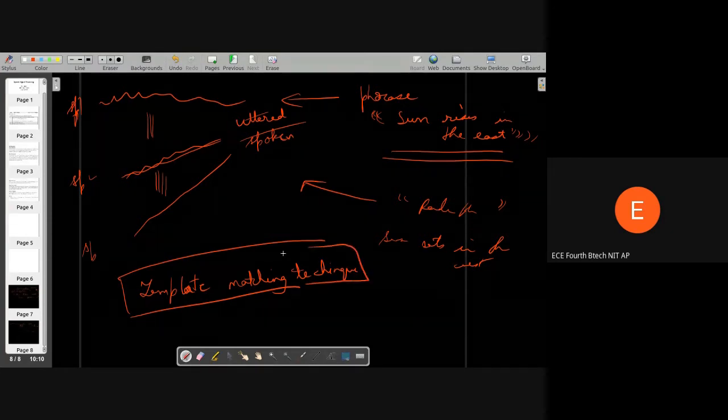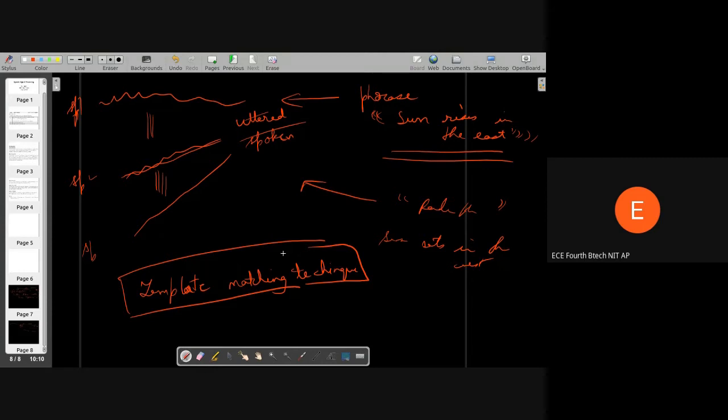What we are trying to do in dynamic time warping is match, or find out the similarity between, two speech utterances. Any two given speech utterances you take, you try to find out the similarity between them.